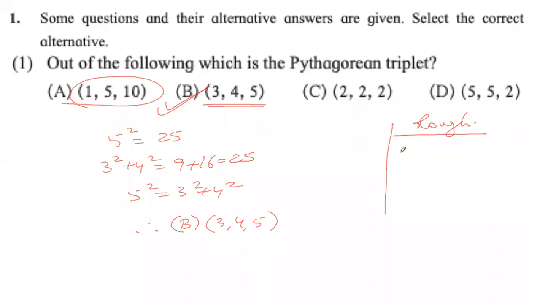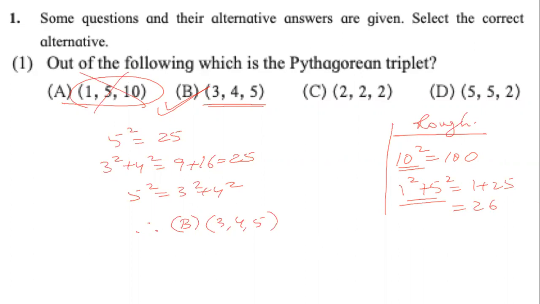The longest side is 10, and 10 square is 100. Then we take the sum of the squares of the shorter sides: 1 square plus 5 square equals 1 plus 25 equals 26. Because 10 square is not equal to 1 square plus 5 square, this is not the answer.